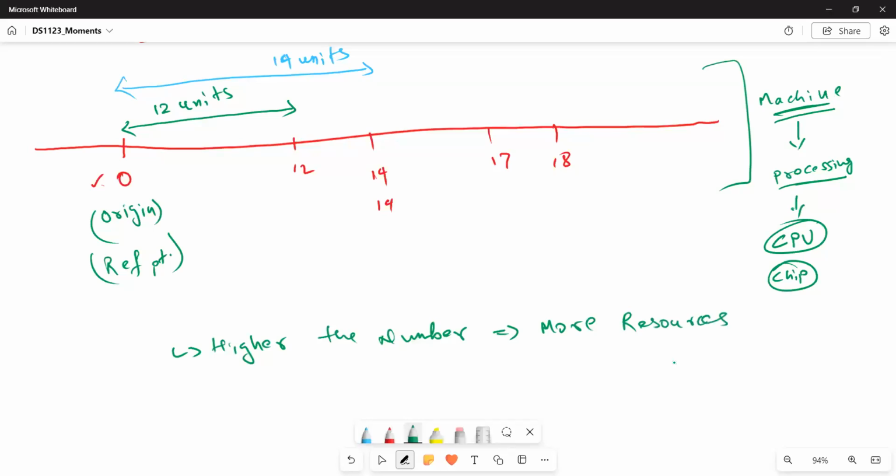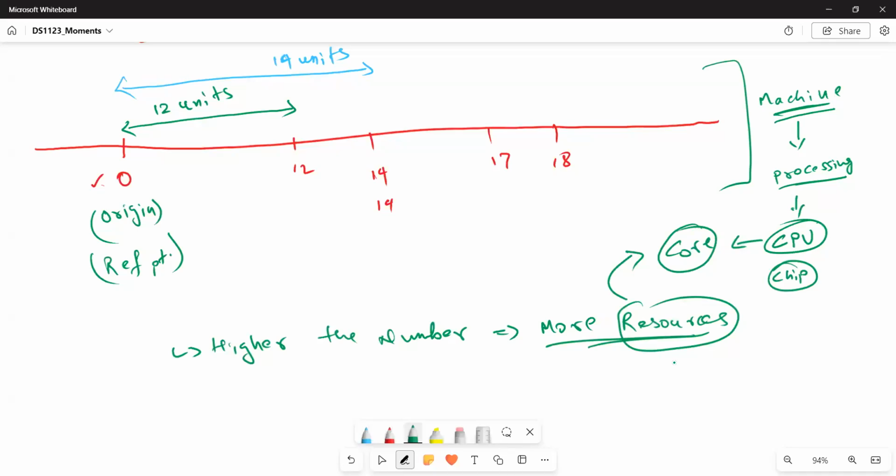And when I talk about resources, I hope everyone knows that there are multiple cores in a CPU. If it's an 8-core processor, it's octa-core; if it's a 4-core processor, it's quad-core. So the higher the number, the more resources will be used, and these resources are nothing but the number of cores available in your CPU.